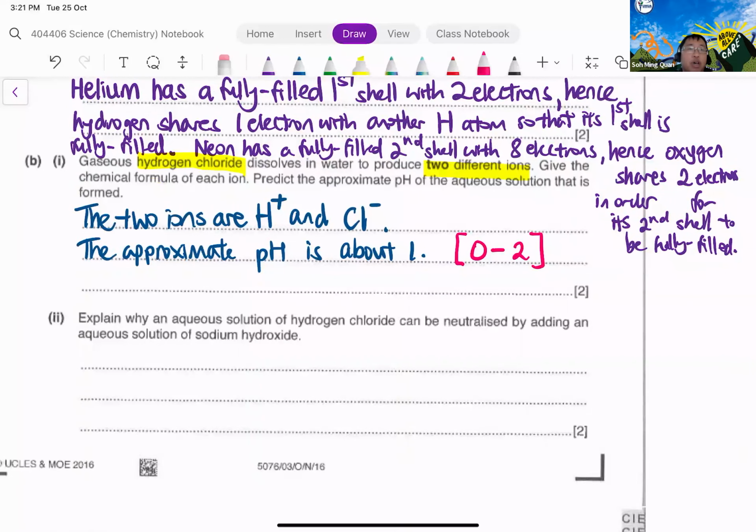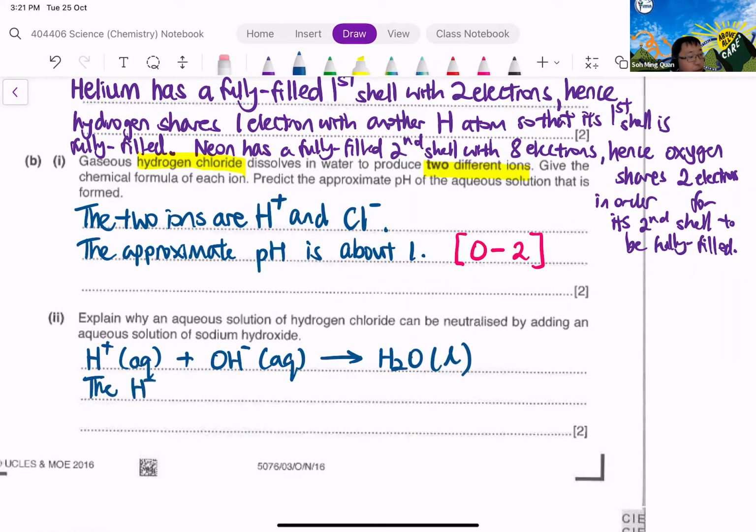Explain why aqueous solution of HCl can be neutralized by adding aqueous sodium hydroxide. The easiest way to do this is to write this. You have learned the ionic equation for neutralization, right? So basically, the H plus in HCl reacts with the OH minus in NaOH, right?